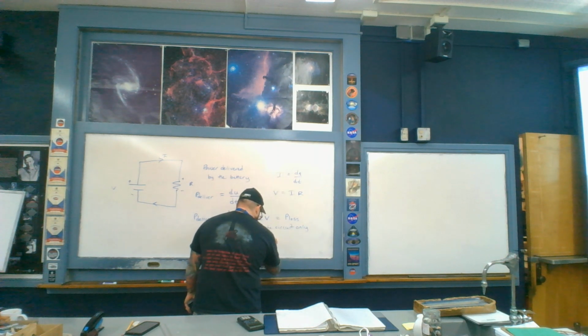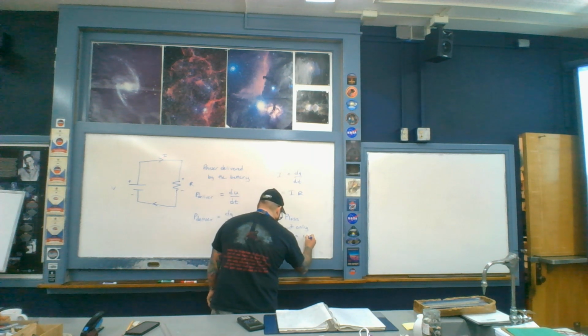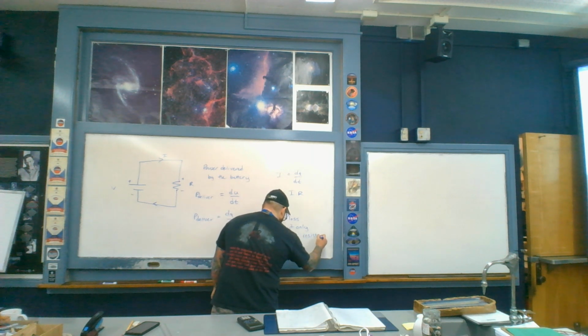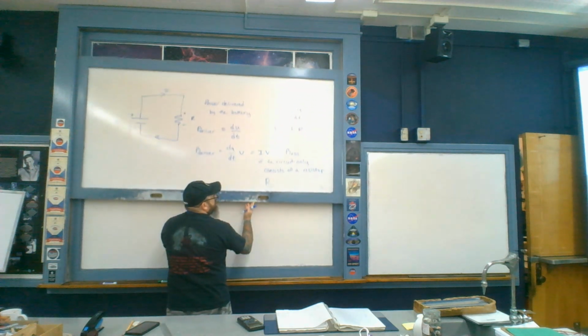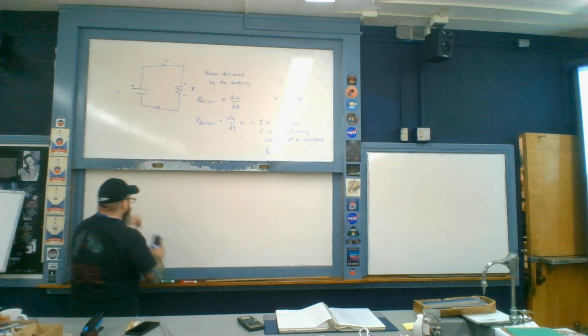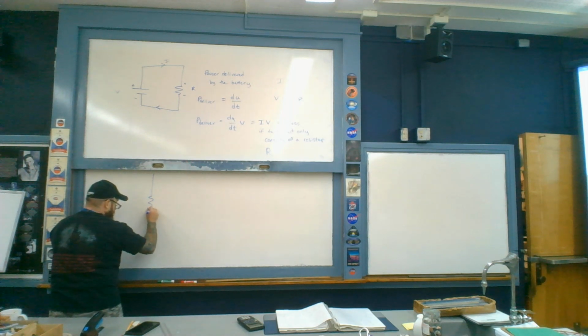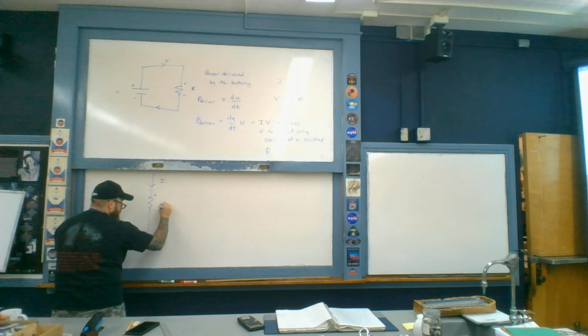This is P loss if the circuit only consists of a resistor, a resistor with resistance R. So then therefore across the resistor itself, let me just focus on the resistor. Okay, and then we have the conventional current I flowing from high to low potential.